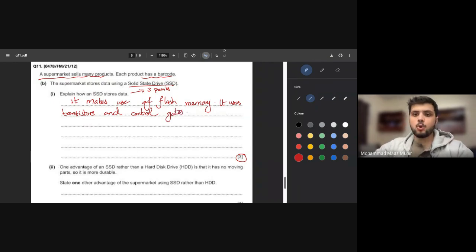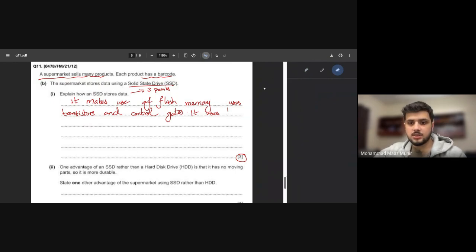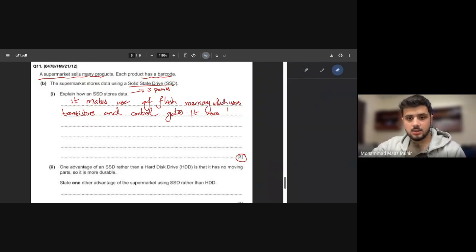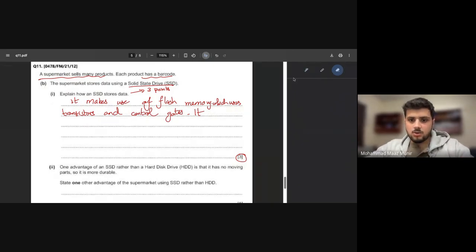Second, and now the third point, which is basically the actual working or the backbone of an SSD, is that it uses these gates and transistors to control the flow of electrons. So let's list it out as separate points.